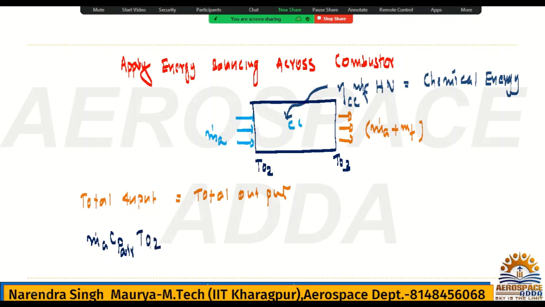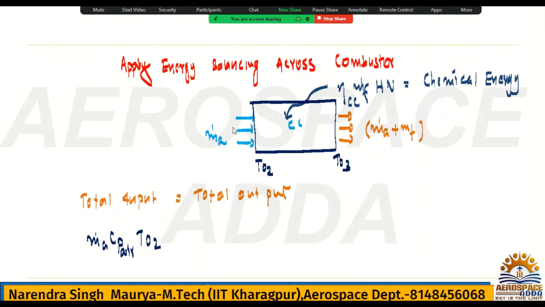So this is the thermal energy added, because in the combustion chamber this thermal energy is coming from the compressor: m dot a cp air t naught 2.